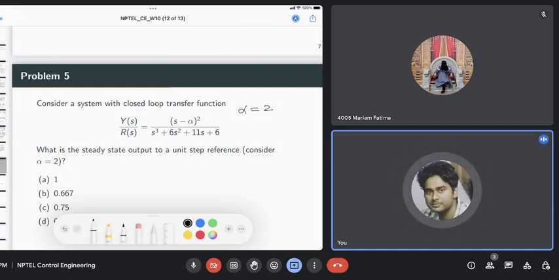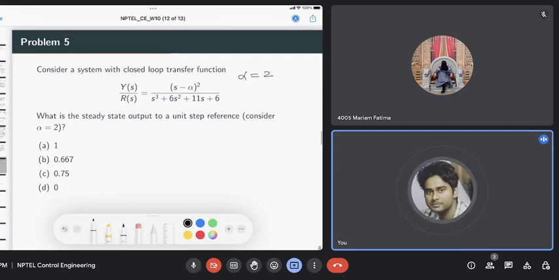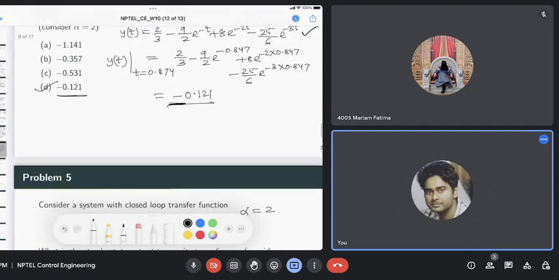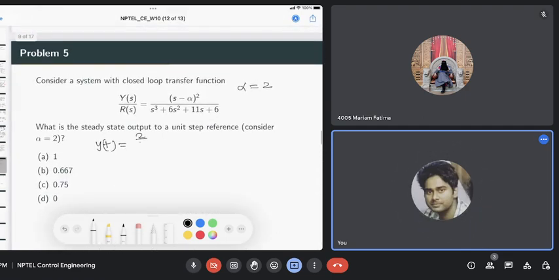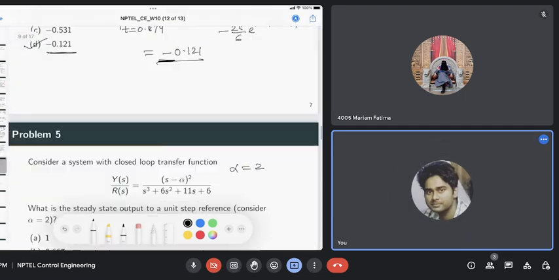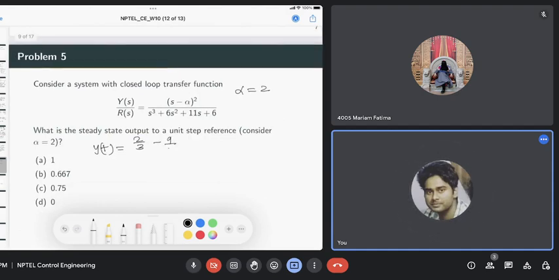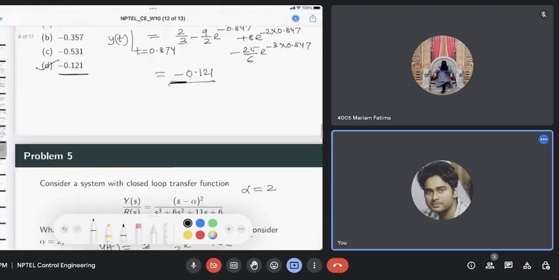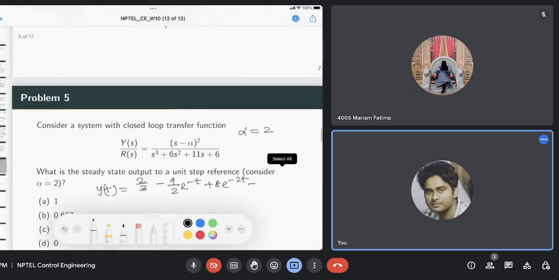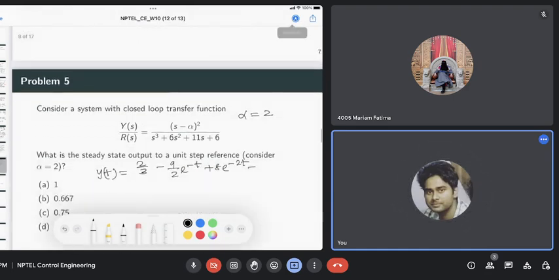The transient response will die as the time goes to a very high value or infinity. So again we write this response that we found earlier: 2/3 minus 9/2 minus 25/6.